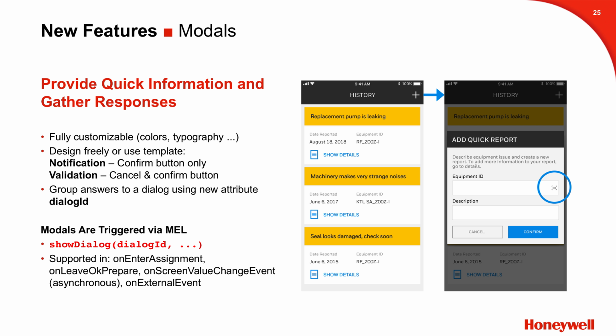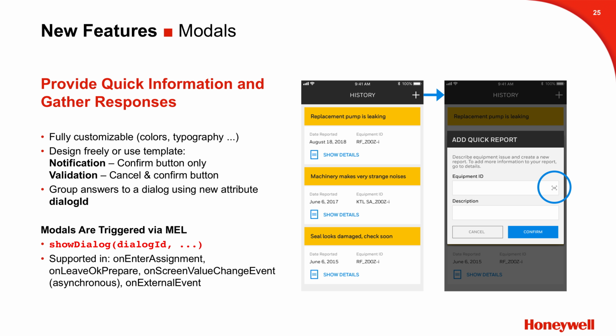And you can see we have a title, we have a little introduction to the modal, and then we have 2 inputs. Again, we use an input action to scan the equipment ID, and we can either confirm or cancel that modal. The modals are fully customizable, colors, typography, and so on. You can design them freely or use templates.